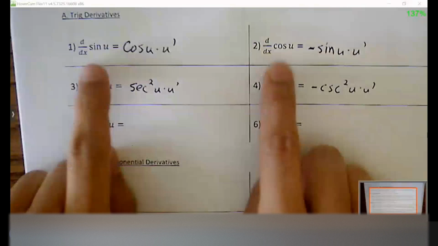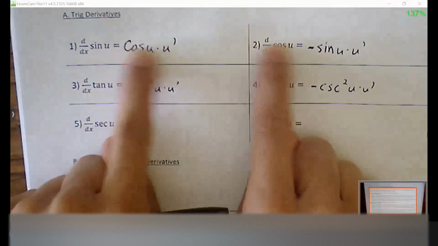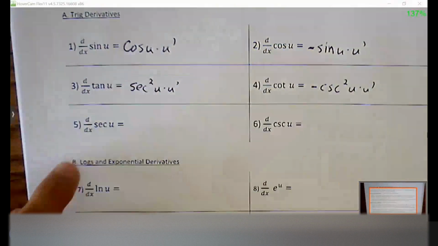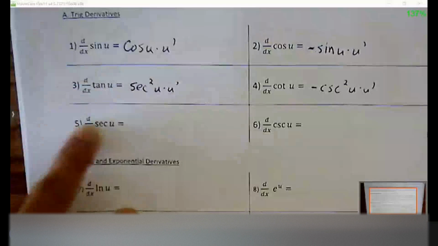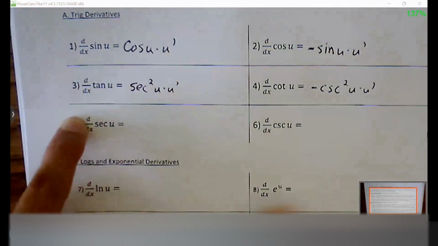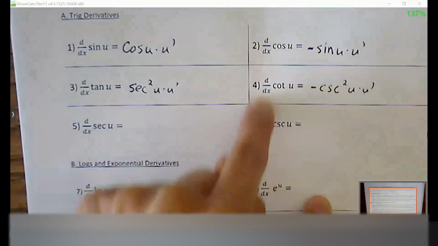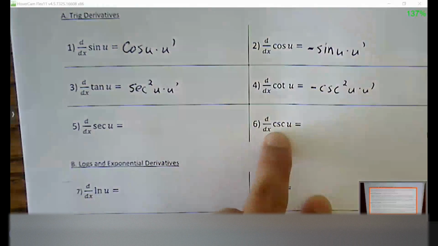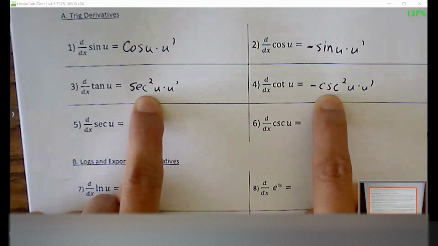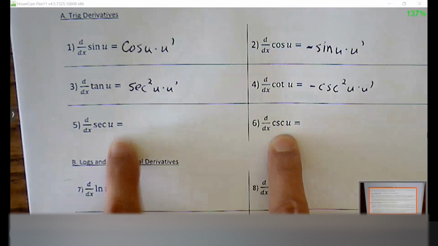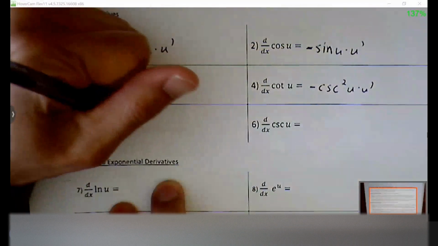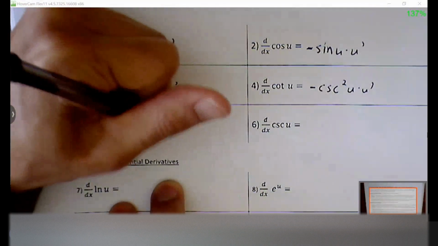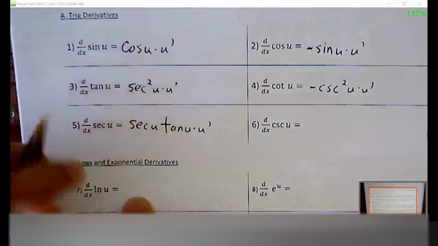And the interesting thing is that sine and cosine involve each other in terms of the derivatives. Tangent and secant involve each other for the derivative rules. And cotangent and cosecant involve each other in their derivative rules. But you see the similar pattern, right? They both have squared in them. And then secant and cosecant: secant's derivative is secant u tangent u times u prime.